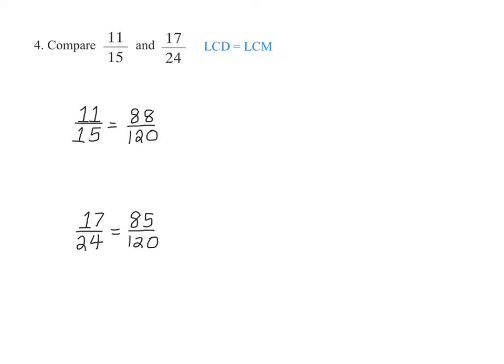Now, since 11 over 15 is equivalent to 88 over 120, and 17 over 24 is equivalent to 85 over 120, comparing 11 over 15 to 17 over 24 is the same as comparing 88 over 120 to 85 over 120.